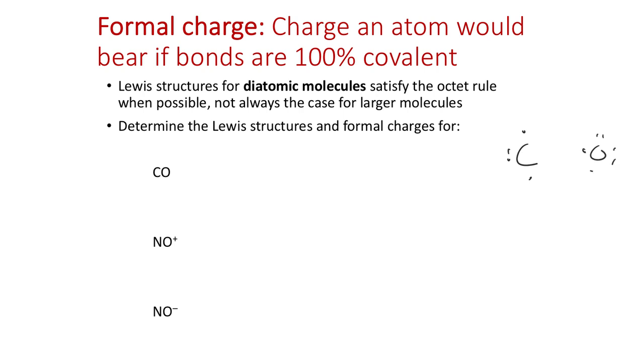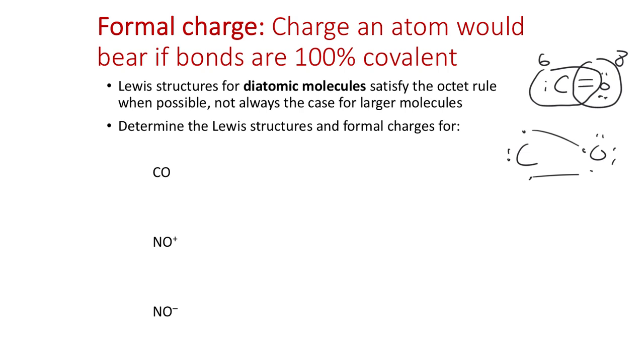The issue here is I have a hard time rearranging the electrons, and I might end up with a dot structure that looks like this, but then I don't satisfy the octet rule. If I look at the C, it's deficient of an octet. O actually has an octet, all 8 electrons. When I'm thinking about the octet rule, I count all the electron pairs around an atom, so I have 8 around O, but only 6 around carbon in this structure.